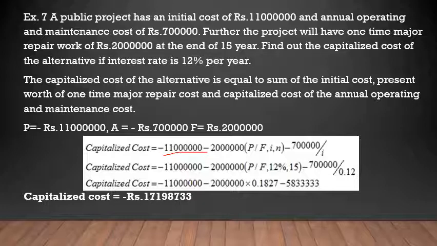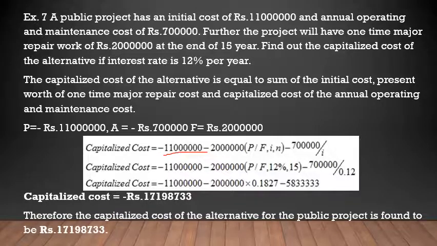So this much of cost was available, and this is how I have distributed that for all my work. One crore 71 lakh 98,733 is the total worth of this particular project.